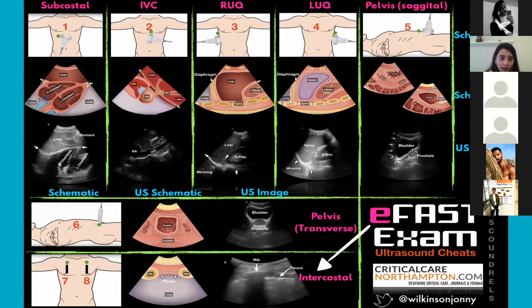It's a dynamic image. That lung sliding suggests that the lung is moving and that the patient is breathing and aerating that lung, and there's no pneumothorax. In fact, ultrasound is more sensitive than a chest x-ray for detecting pneumothorax, so it's important to include this in your EFAST exam.